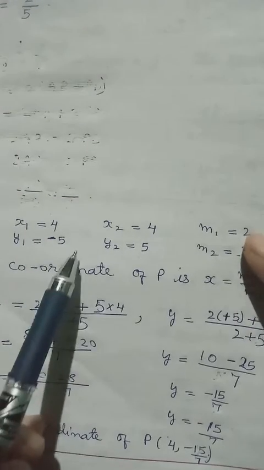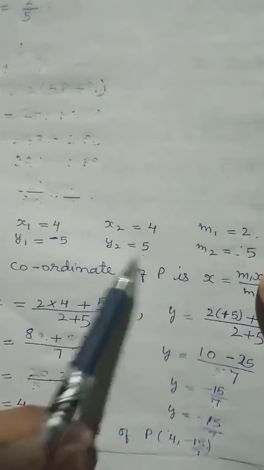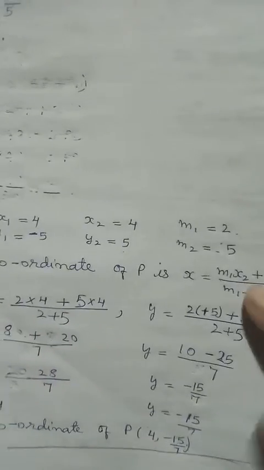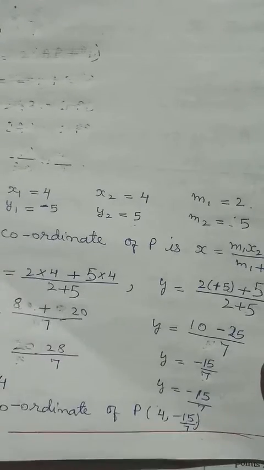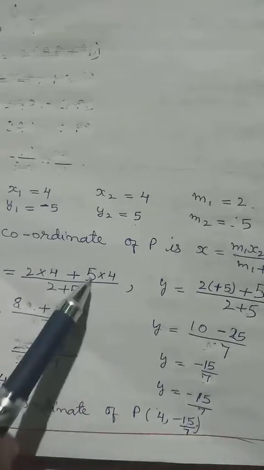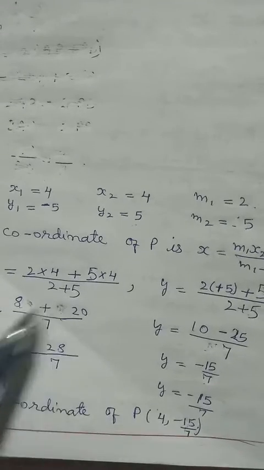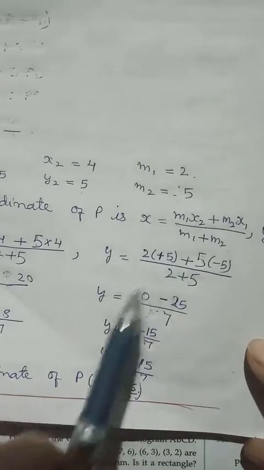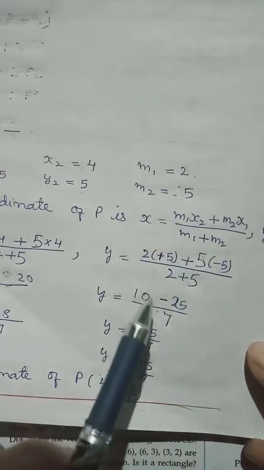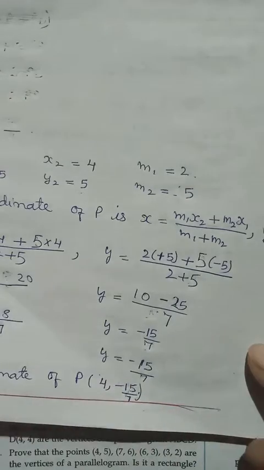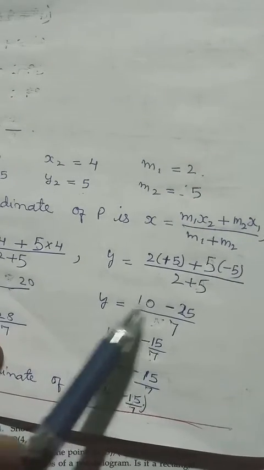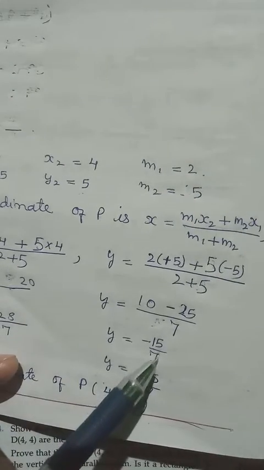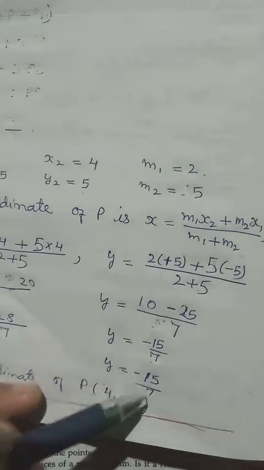Then for y, 2 into 5 plus 5 into minus 5 by 2 plus 5. So 2 into 4 is 8, 5 fours are 20, 2 plus 5 is 7. 28 by 7, we get 4. That is for x. For y, 2 into 5 is 10, plus to minus, minus 5 into 5, 25, by 7. 25 minus 10 is 15. We cannot cancel, that will be the answer.